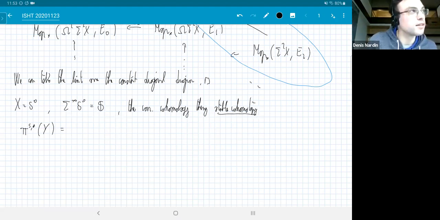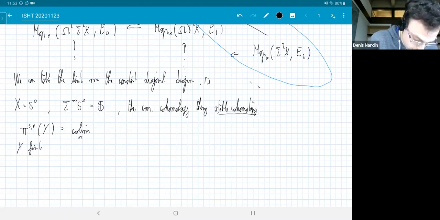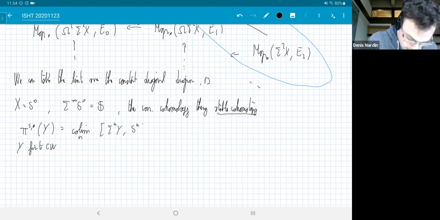how was it defined in elementary terms, actually? Well, okay, I don't remember the definition off the top of my head. It's kind of fiddly and it boils down to whatever is represented by the sphere spectrum. Oh no, now I remember it. It's the colimit of maps from sigma n Y to sigma n Sn. This works when Y is a finite CW complex.